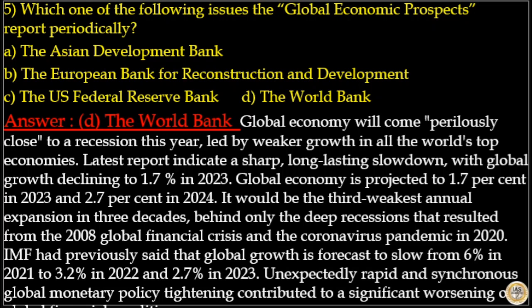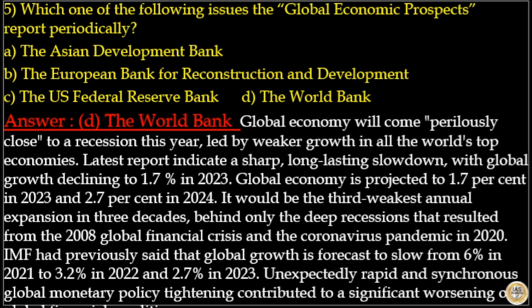Global economy is projected to grow 1.7% in 2023 and 2.7% in 2024. It would be the third weakest annual expansion in 3 decades, behind only the deep recession that resulted from the 2008 global financial crisis and the coronavirus pandemic in 2020.